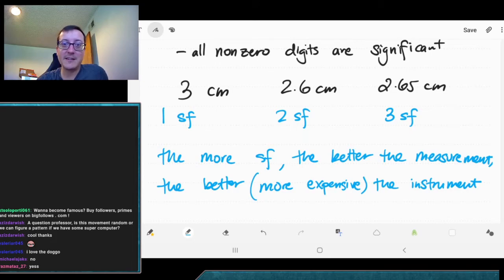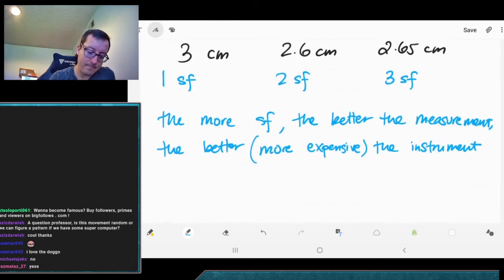You'll want a nice digital one that can read 0.001 degrees Celsius or something if you really want a very accurate measurement. So the more sig figs you have, the better your measurement is. And so it will be important later on that we understand how many sig figs a number has, because that's going to determine some rounding when we are multiplying numbers or adding them or whatever.